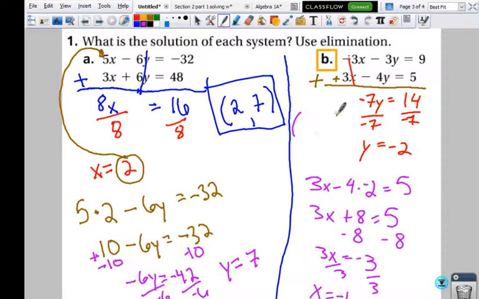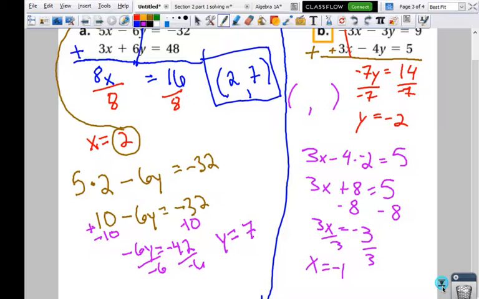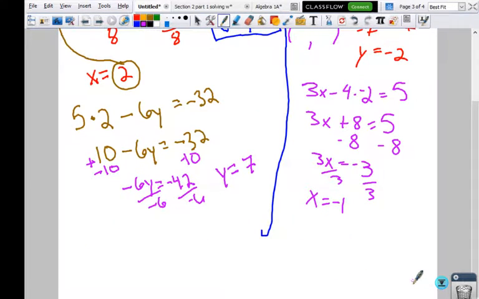So be careful, because on this it goes x comma y. Robert, what's my x? Should probably focus a little better. Alright, my answer is x comma y. In this problem, let me bump it up so it's easier to see.